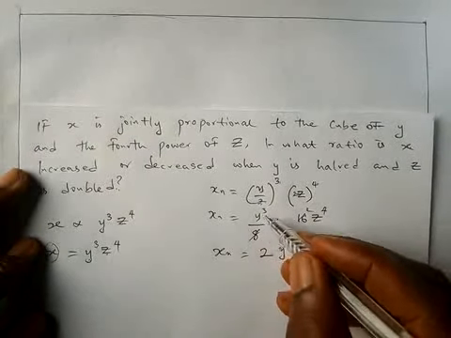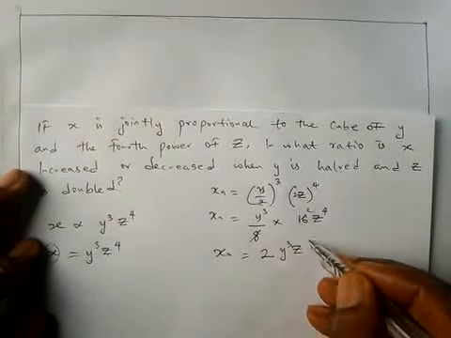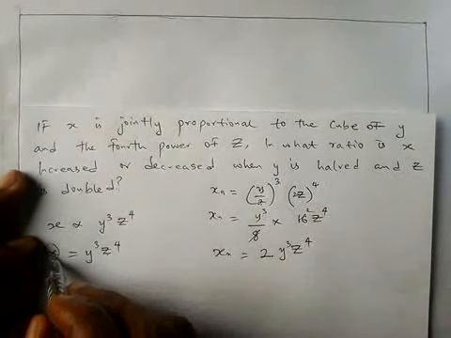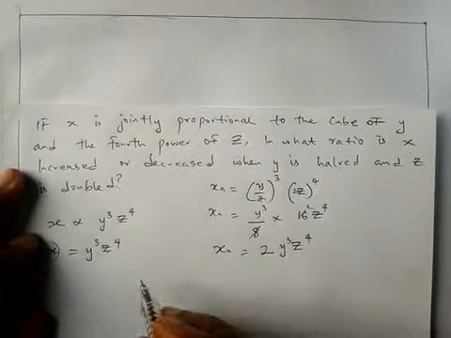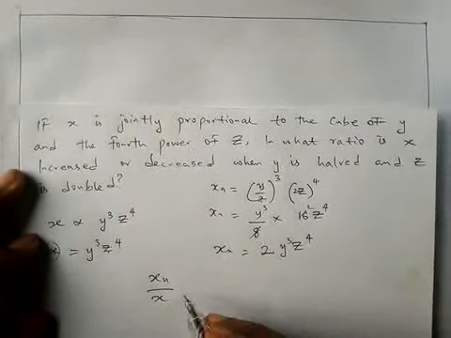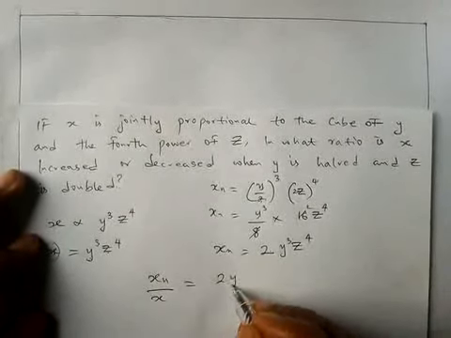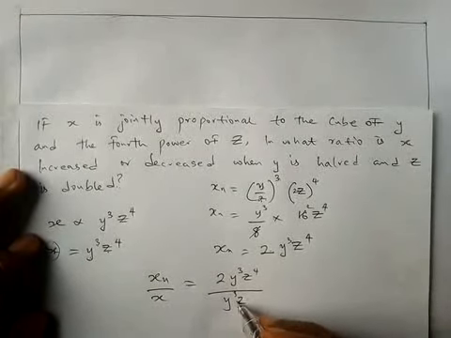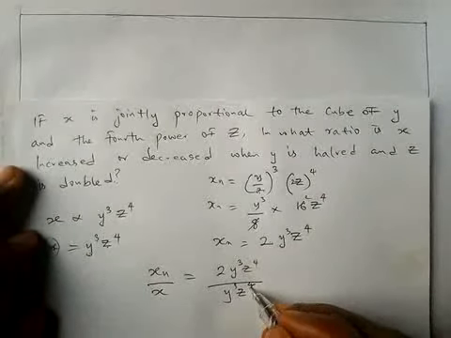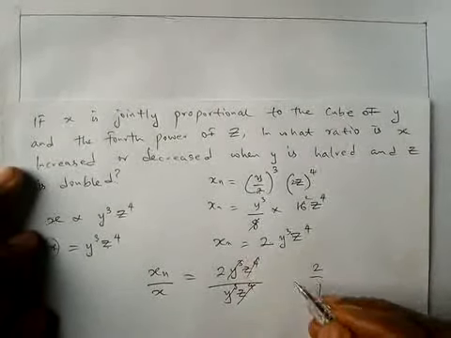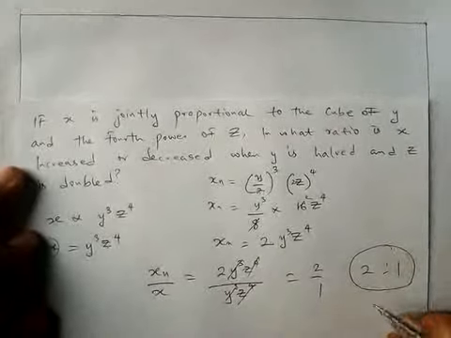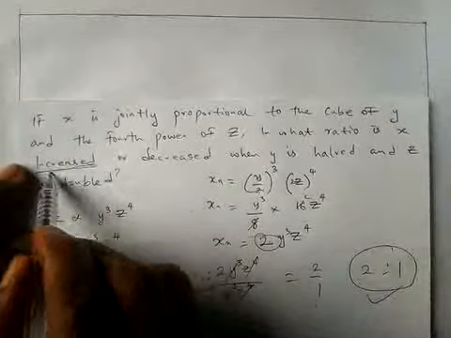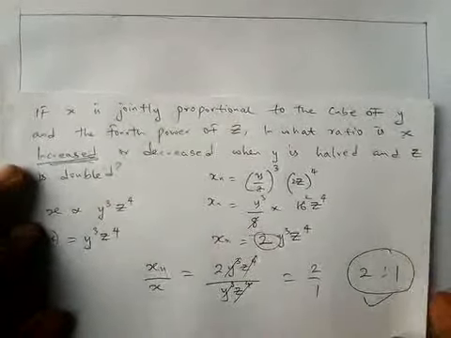Now, the ratio is the new S over the old S, which is 2 y raised to power 3, z raised to power 4 over y raised to power 3, z raised to power 4. This cancels, this cancels, so you have 2 over 1, which is 2 ratio 1. So this is the ratio, and as you can see, it increased by 2. Okay.